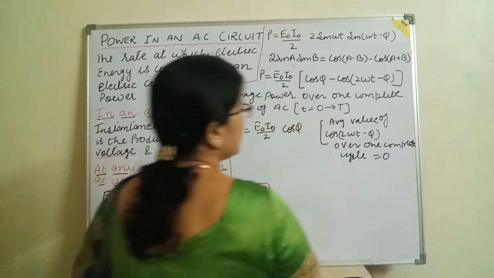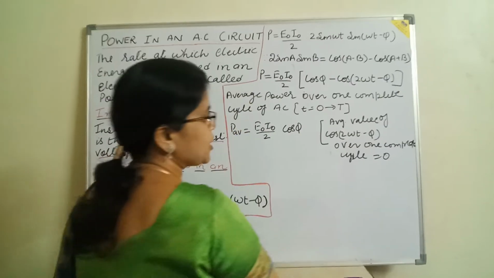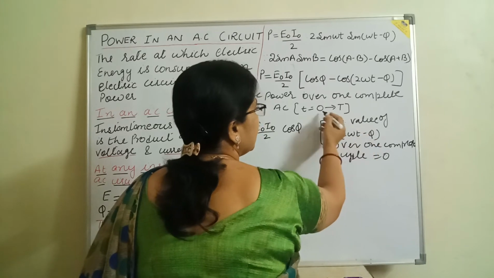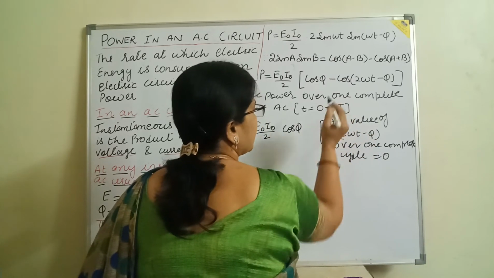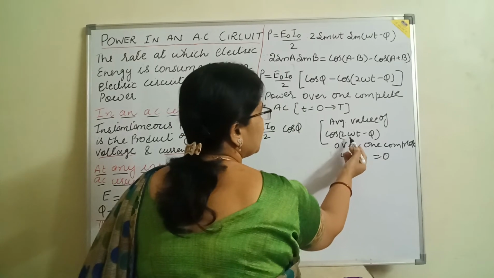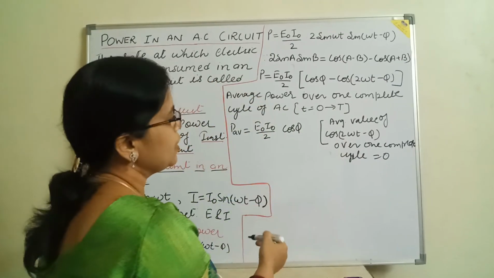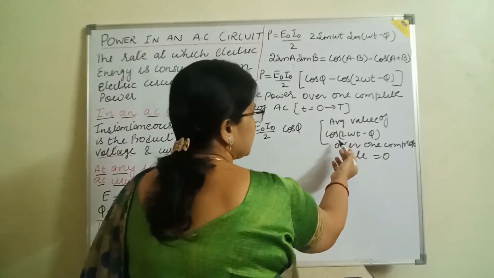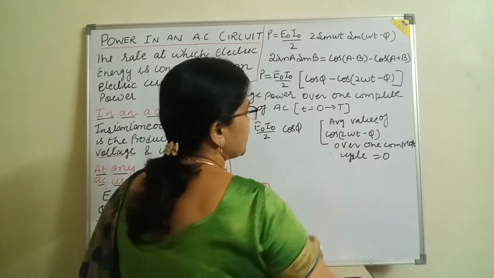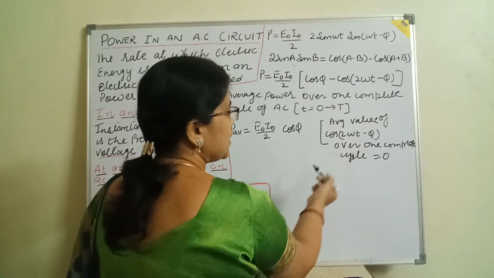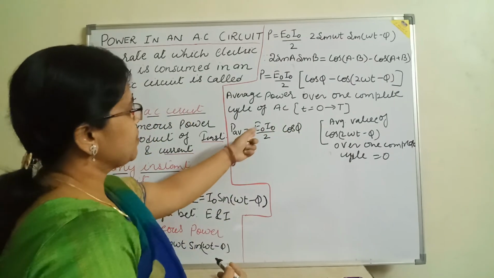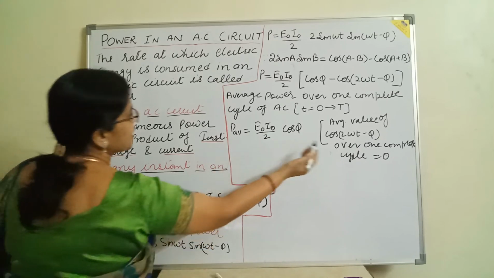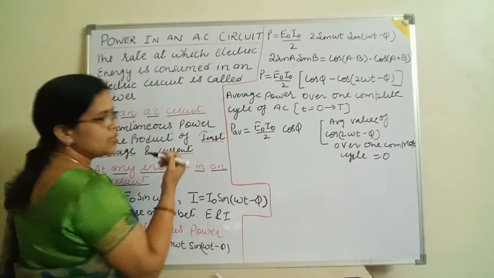You can expand this expression by using the trigonometric identity and by substituting the value of t as 0 and t as capital T, and by taking 2 omega equal to 2 pi upon capital T. But there is no use of expanding this expression, because it is certain that the average is equal to 0. So we have taken only this consideration to express the average power as E naught I naught by 2 cos phi.